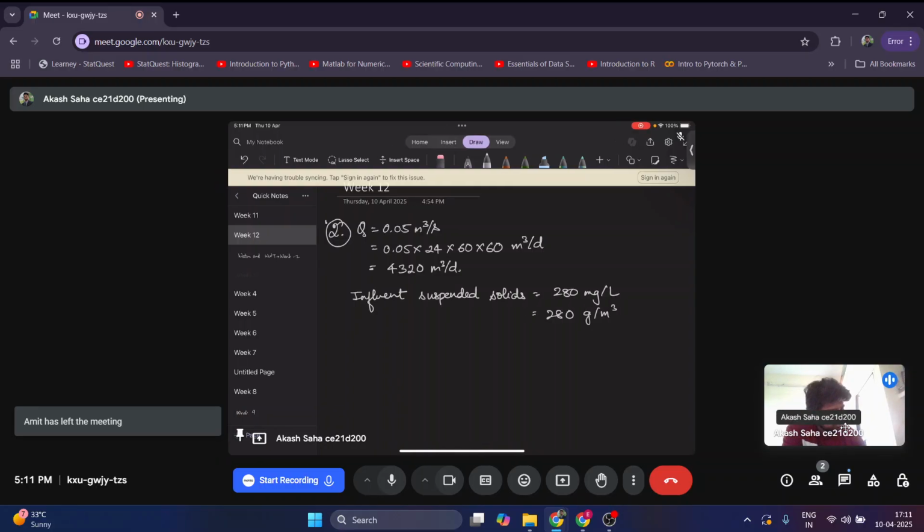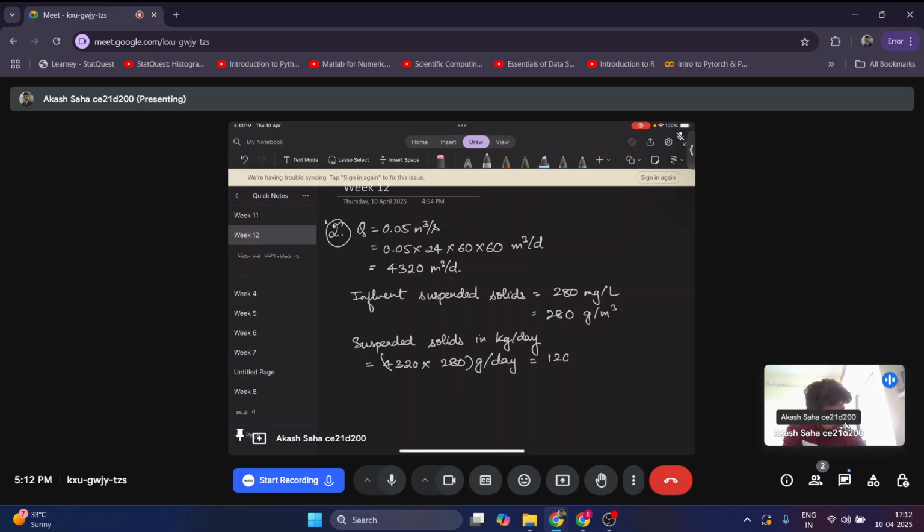Okay, so the suspended solids in kg per day will be equal to 4320 into 280 gram per day, or 1209600 gram per day.